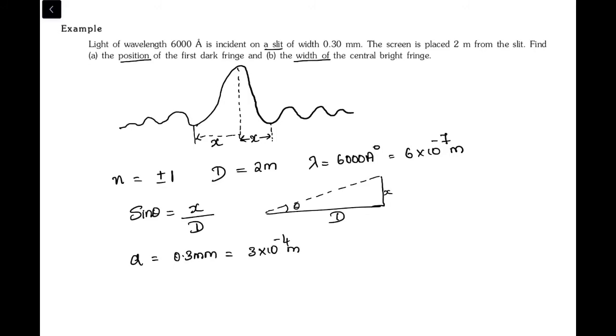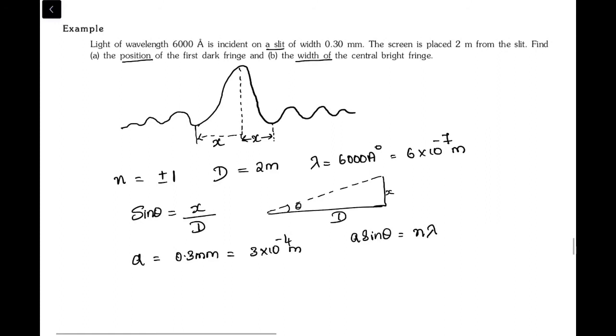Now the path difference, a sine theta, should be equal to n lambda. That is, a times sine theta, which is x by D, equal to n lambda, from which we can calculate the position of the first dark fringe in diffraction. In interference it is different, n lambda D by a.